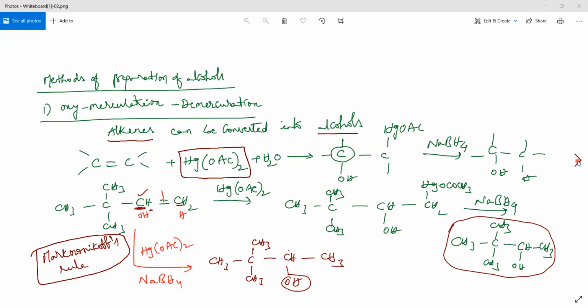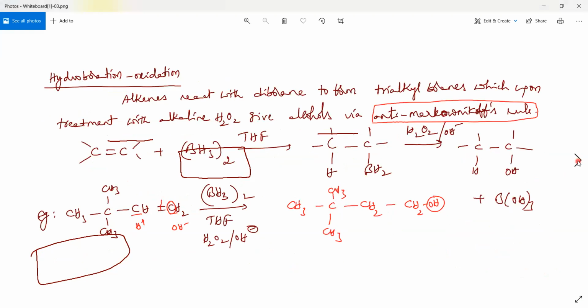Next, hydroboration oxidation. What is the next method? Hydroboration oxidation.